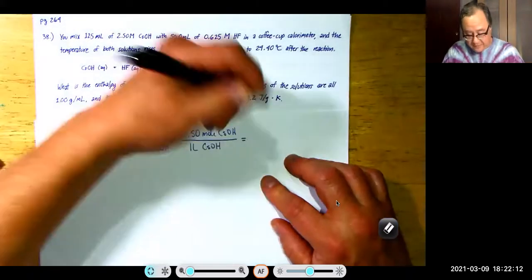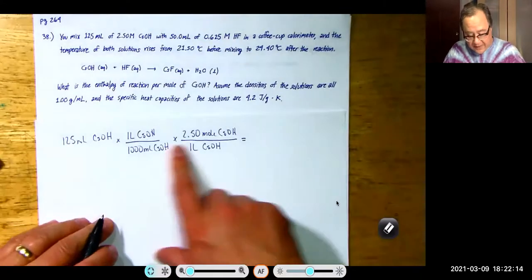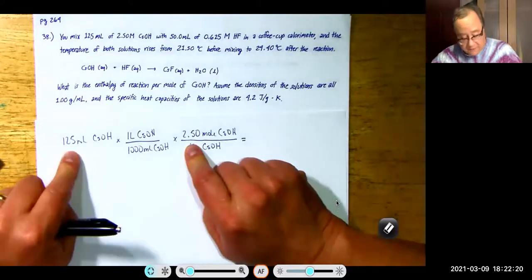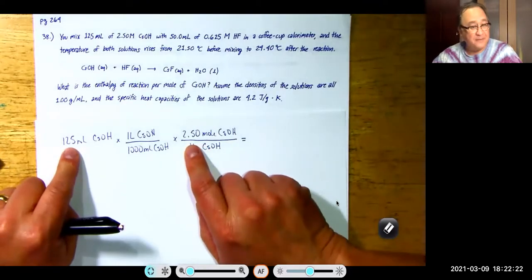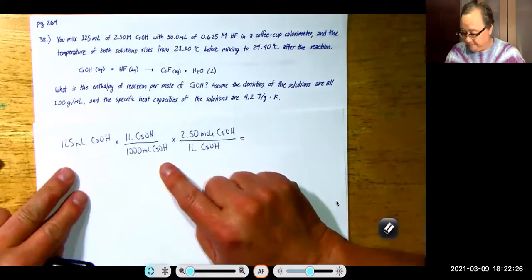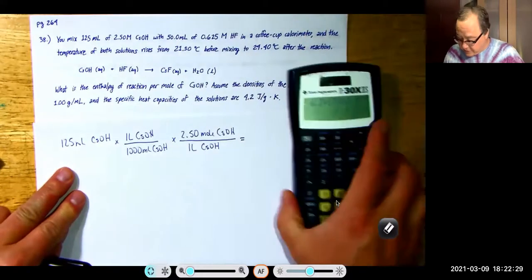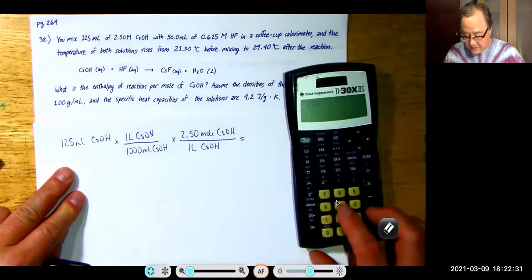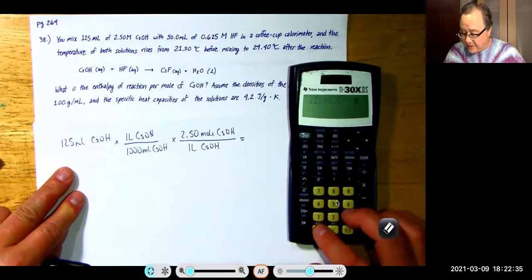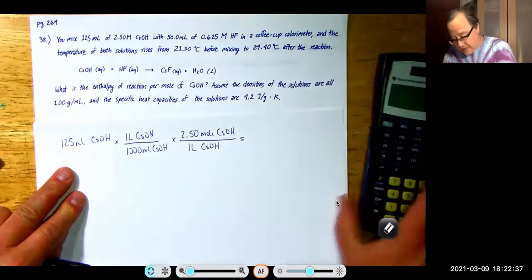We're good. So let's see what we get here. How do I want to estimate this? Well, 2.5 times 125 has got to be close to 300, right? 300 divided by 1,000 should be close to 0.3. Okay, so 125 times 2.50 divided by 1,000 is 0.3125.